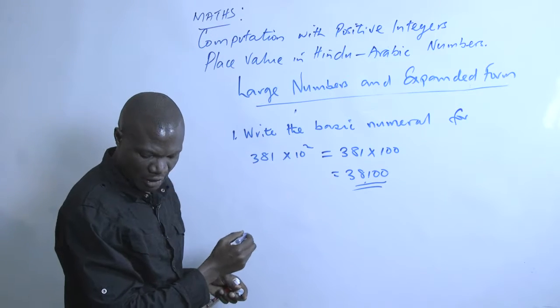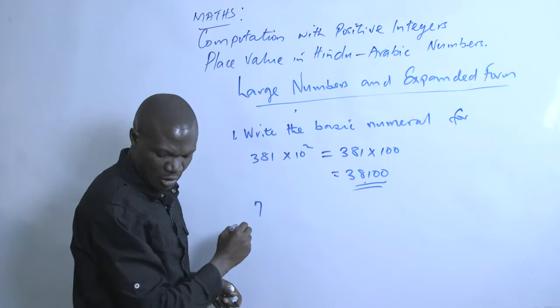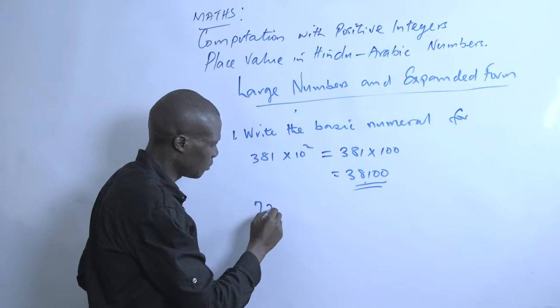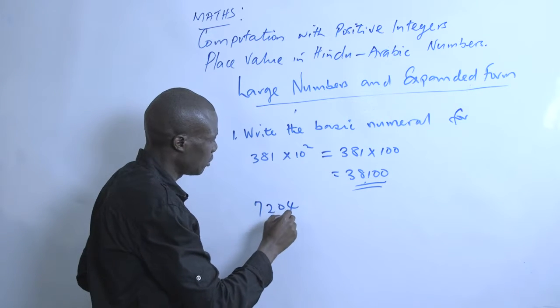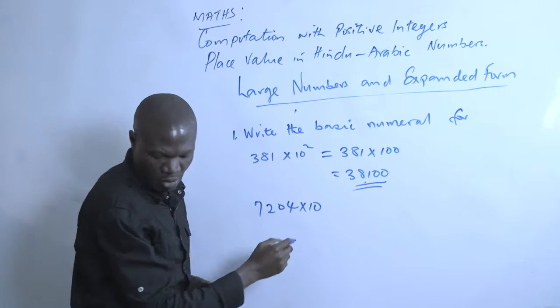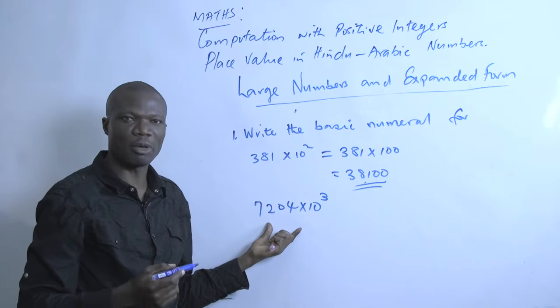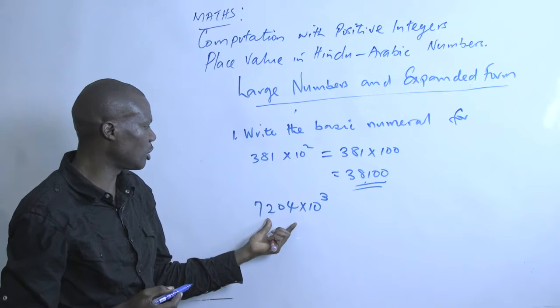Let us also convert 7,204 multiplied by 10 raised to power 3. This one is the index notation of this numeral.